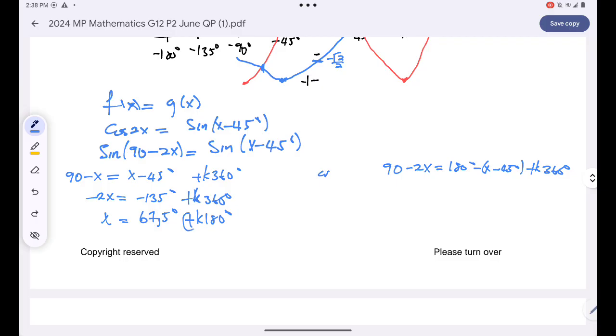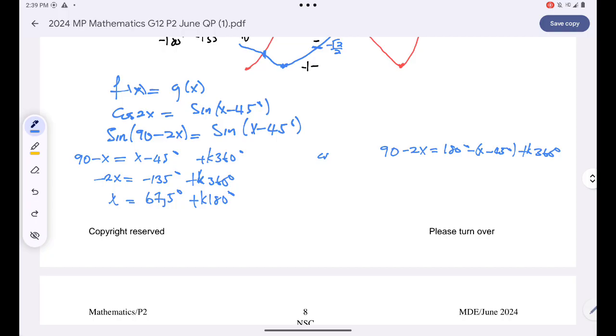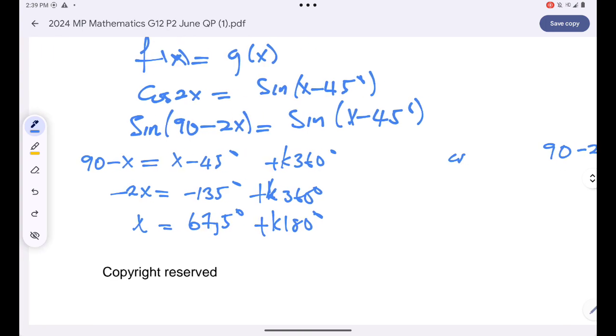I don't need to multiply this by a negative, okay, guys? It's just a period, so it doesn't matter whether it's negative or positive. So this will give me one set of my general solution. Let's check whether this gives us another solution over there.